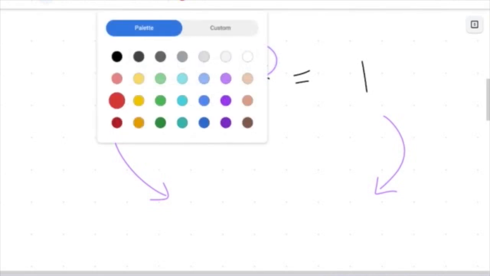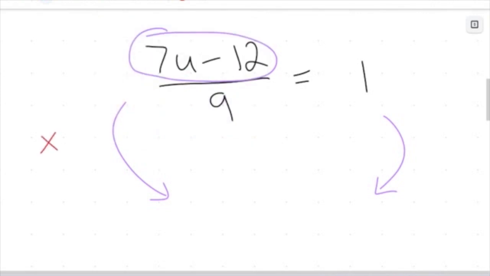So I can times both sides by 9 to figure out what 7u minus 12 is. Because this is going to cancel out with my dividing by 9, timesing by 9 and dividing by 9, they undo each other to just give 1. So we just get 7u minus 12 here.